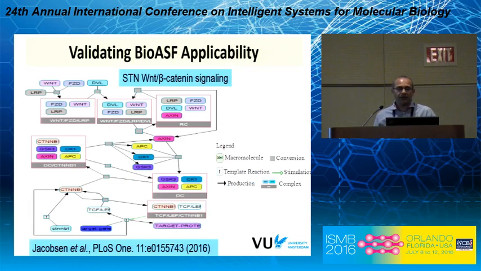In both studies, we converted the original models, which were written in a proprietary language, to BioPAX, and we provided simulation rules and analysis rules, and we were able to reproduce the results of the original experiments.